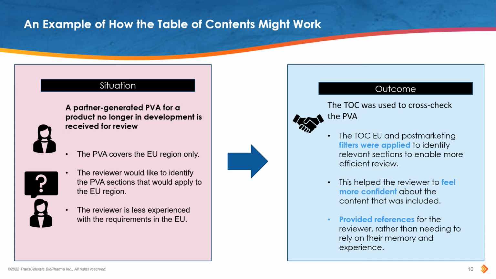The reviewer opted to use the table of contents as a source of information to facilitate an efficient and comprehensive review. The reviewer searched the headings and points to consider that had the EU and post-marketing filter applied. As a result, the reviewer felt confident that the PVA addressed the content that was relevant to the agreement.